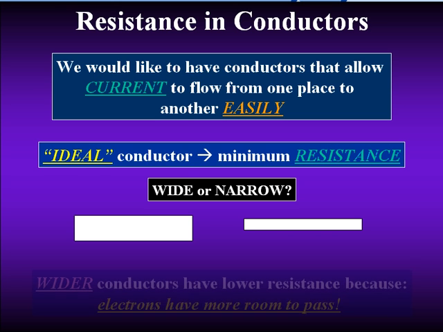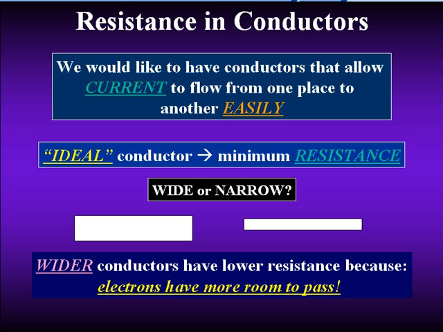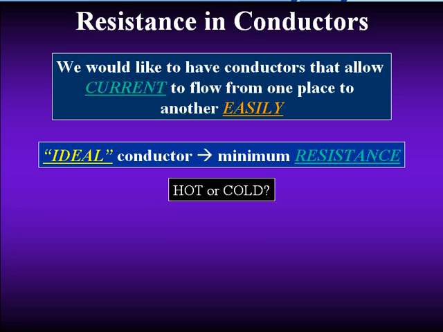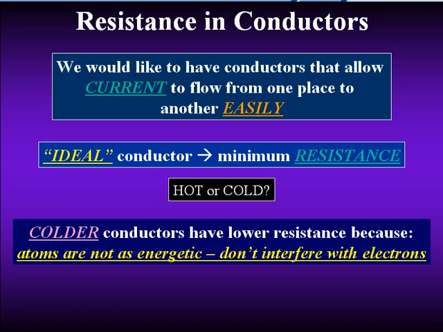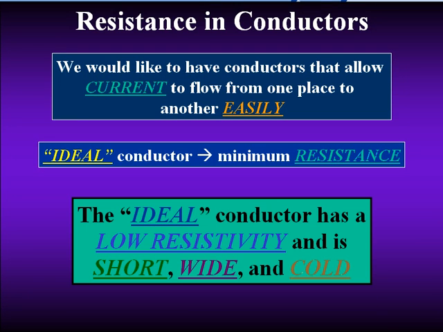Well, the wider conductor would have lower resistance because the electrons have more room to pass. How about hot or cold? Colder wires have lower resistance because atoms are not as energetic. They don't interfere with the flow of electrons. The ideal conductor has a low resistivity and is short, wide, and cold.